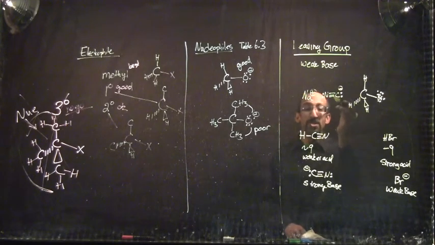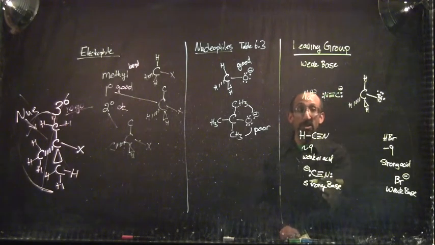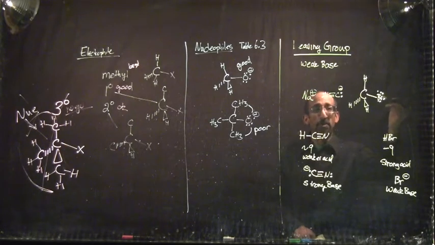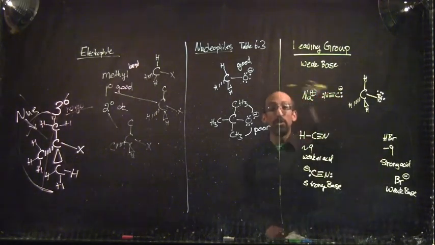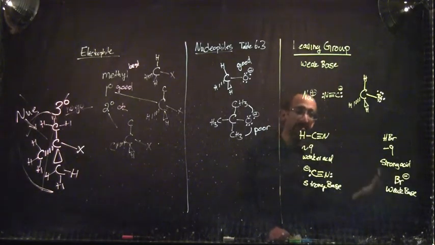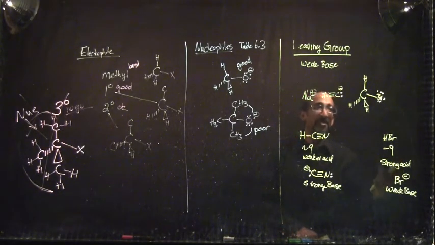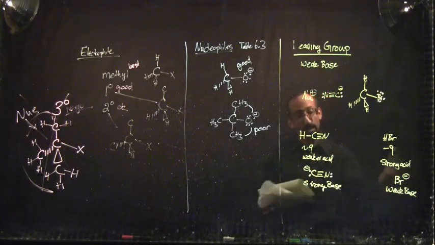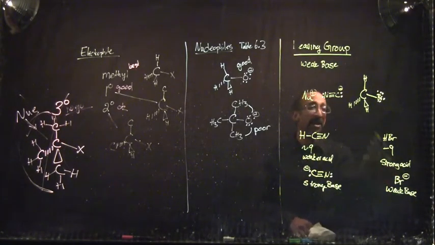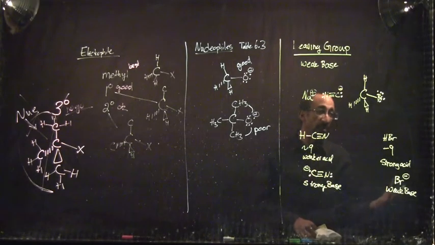Now, if our nucleophile is a weaker base than our leaving group, we would expect that if the substitution were to occur, the reaction would just reverse itself, right? Because now my leaving group is a stronger base. If this was iodine versus bromine, HI is a stronger acid than HBr.